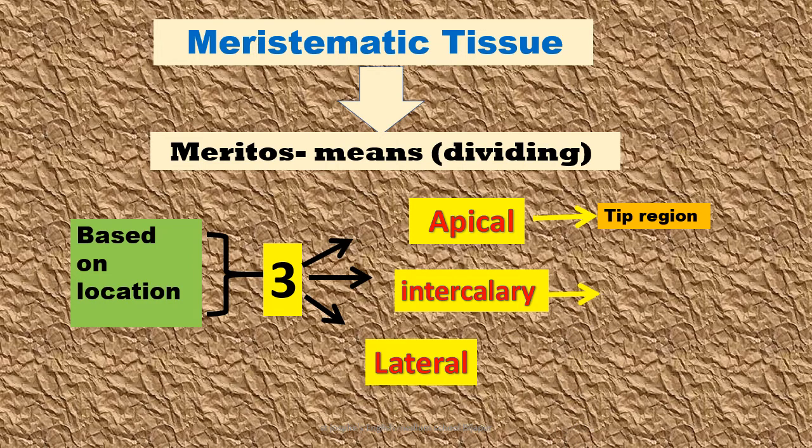The second one in the row is intercalary, which is present at the base of the leaves and stem internodes. The third in the list is the lateral meristem, which means sides, and is found on the sides of the stem, the left and right side of the stem.